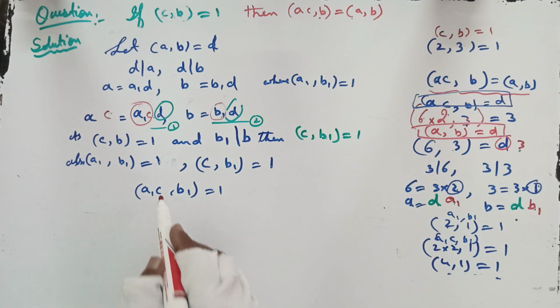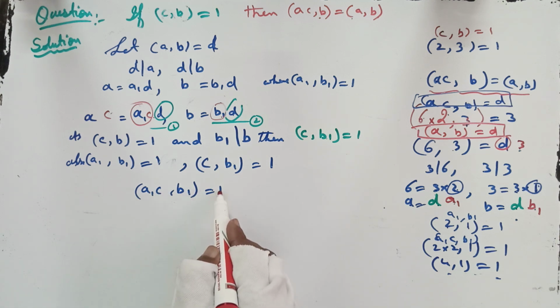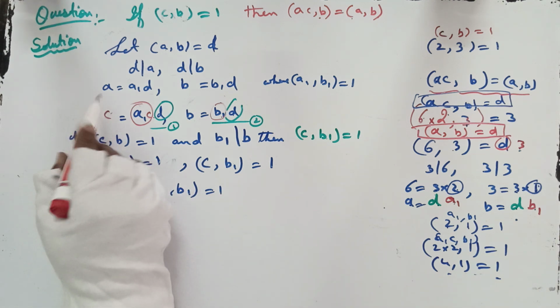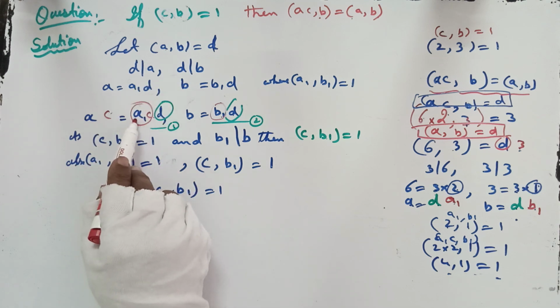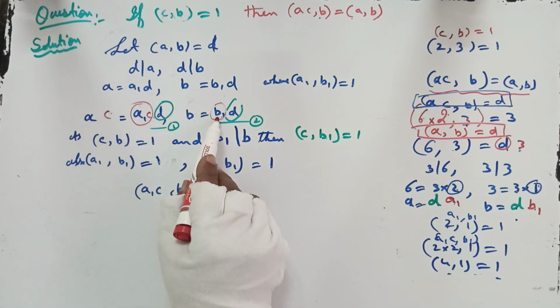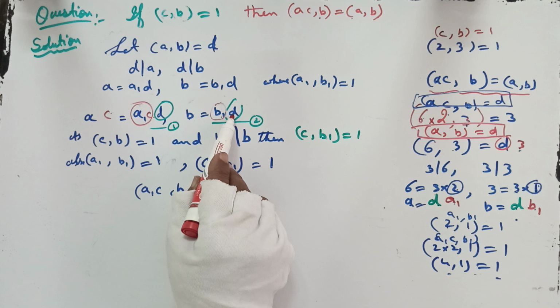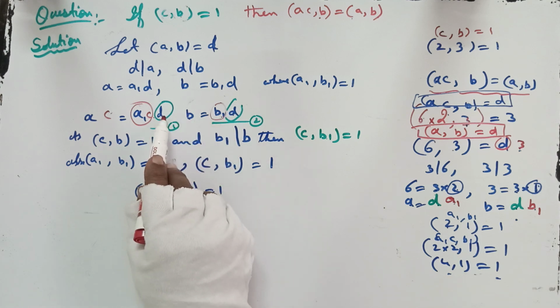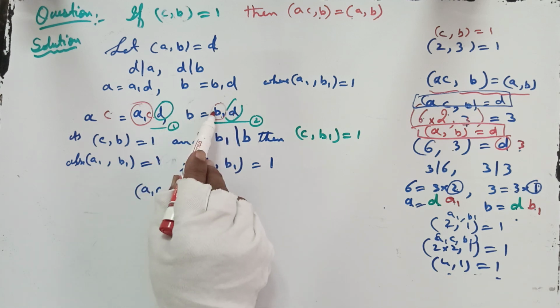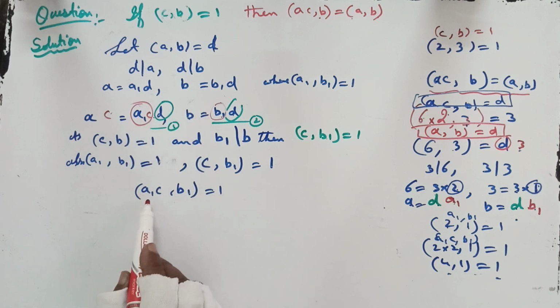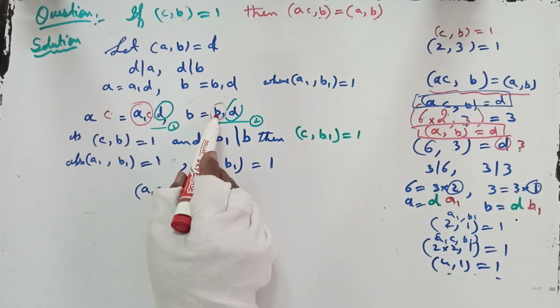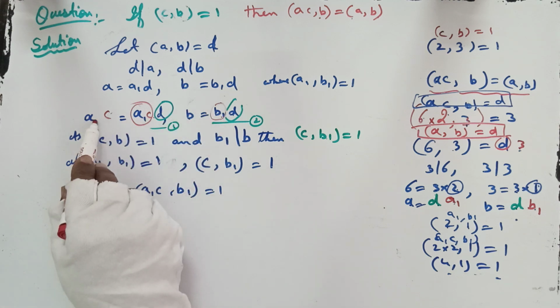These two numbers are relatively prime. This number is written as two factors, A1C and D, B1 and D. These are two factors. One factor is the same, and the other two numbers are relatively prime. If the other two numbers are relatively prime, this number must be the GCD of these two numbers.